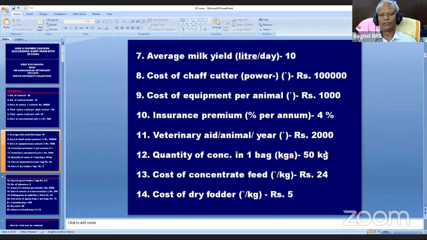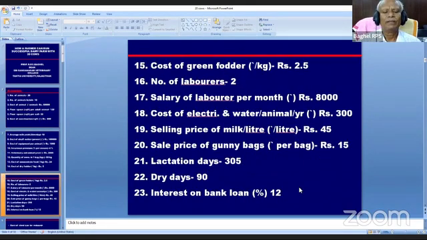Now, regarding the number of bags, one bag of concentrate contains around 50 kg. Depending on the quantity of concentrate purchased, the number of bags will increase. The cost of dry fodder is around rupees 5 per kg. Then the cost of green fodder, which is very important for the dairy farm, is around 2.5 rupees.